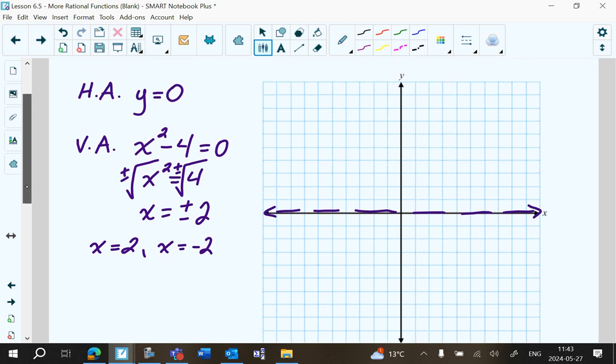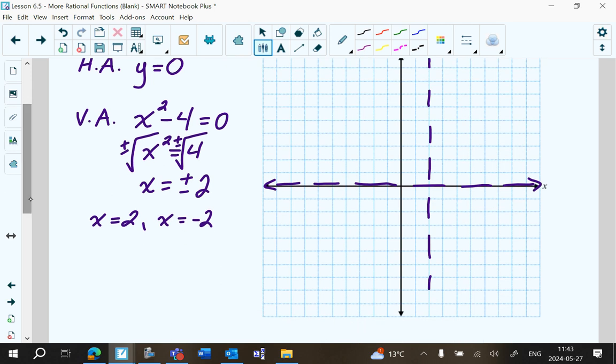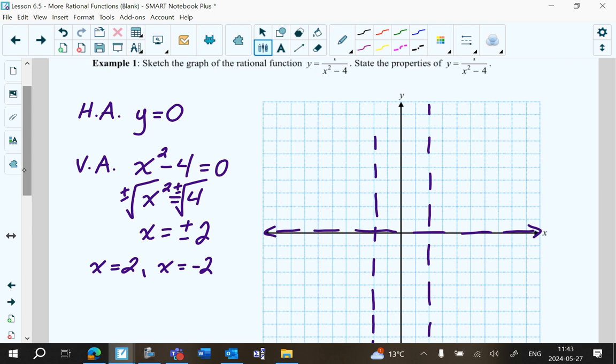So this is a little different than what you guys have seen. Because now there's three sections of the graph, isn't there?